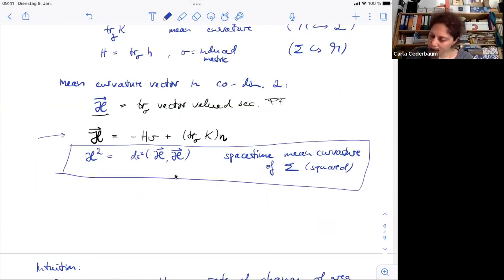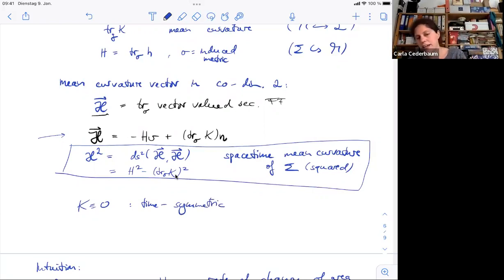So then this can be rewritten as H squared minus this trace of K squared. So this is not the same as saying that the spatial mean curvature H vanishes. But in the case where K is 0, this is called the time symmetric case, which we have for the canonical initial data set in the Schwarzschild spacetime or the Minkowski spacetime or any other standard static spacetime, then it's the same as a minimal surface.